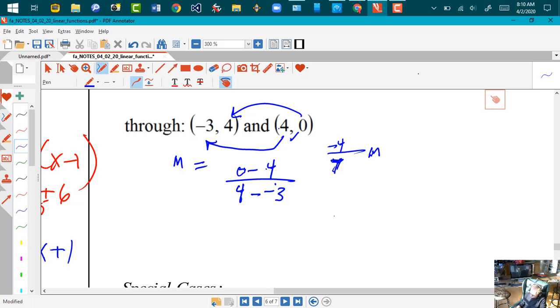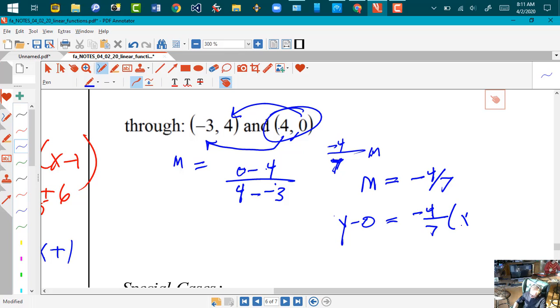I'm going to use the point (4, 0), and the slope value of m equals negative 4/7. My pen's acting a little funky right now, so let me go a little slower and write a little larger. So I'm going to do y minus 0 equals negative 4/7 times x minus 4.